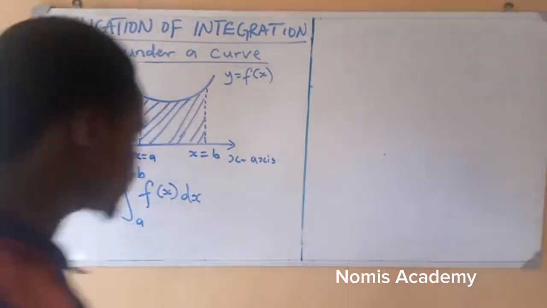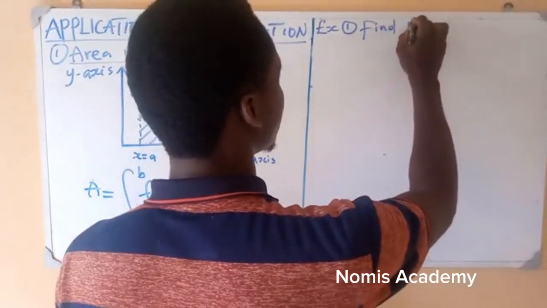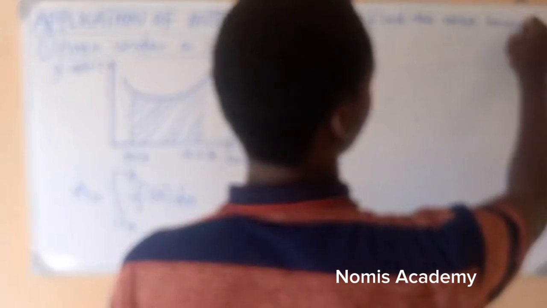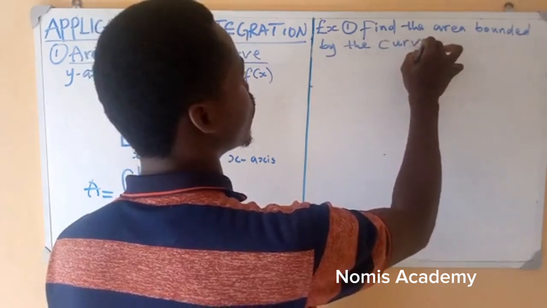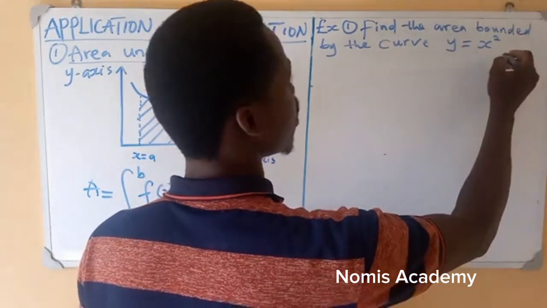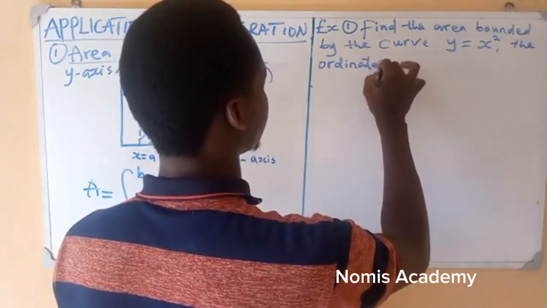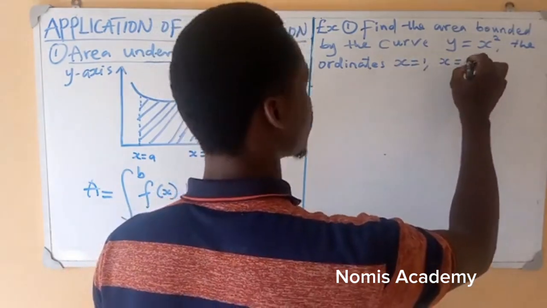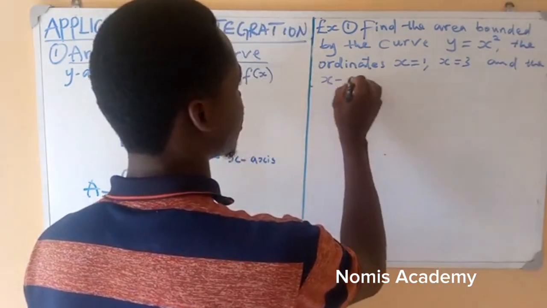Let's pick the first example. Example 1. Find the area bounded by the curve y equal to x squared, the ordinates x equal to 1 and x equal to 3, and the x-axis.